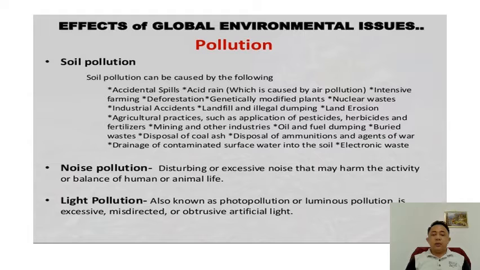Also, certain substances are being absorbed through their roots. So once a forested area is deforested, automatically that area or the soil in that area becomes acidic, and later on it will also lead to desertification.